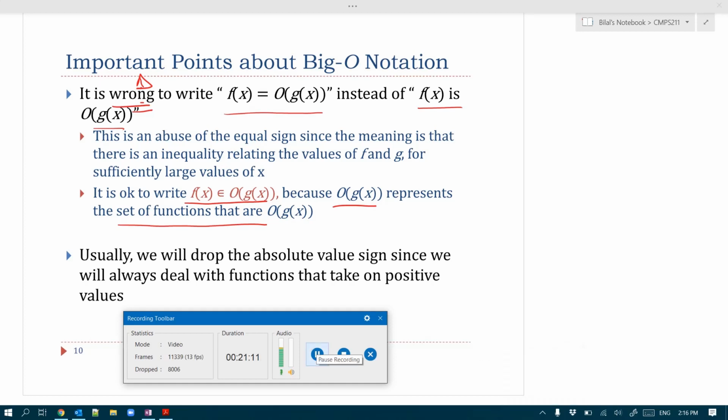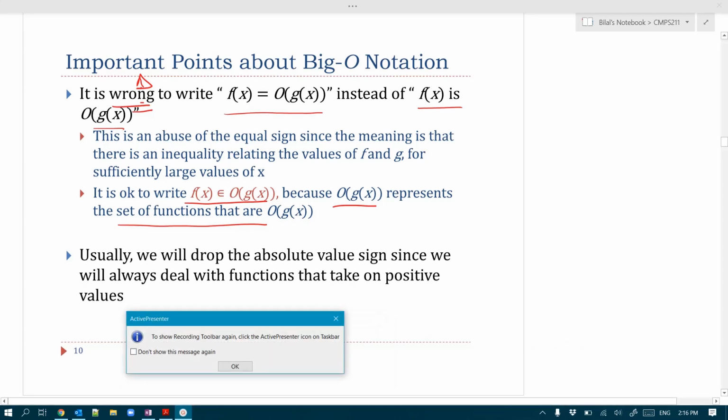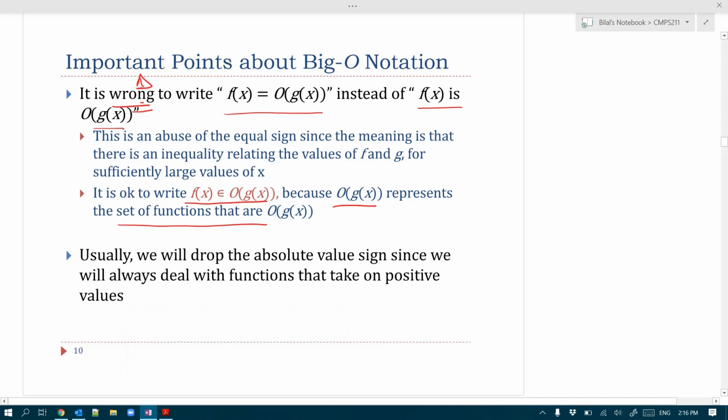Usually we will drop the absolute value, as I told you, because we deal with functions that take in positive values and return positive values too.